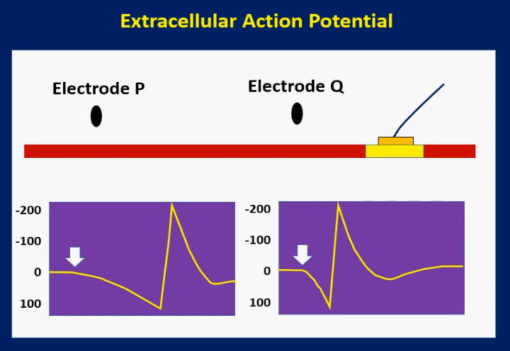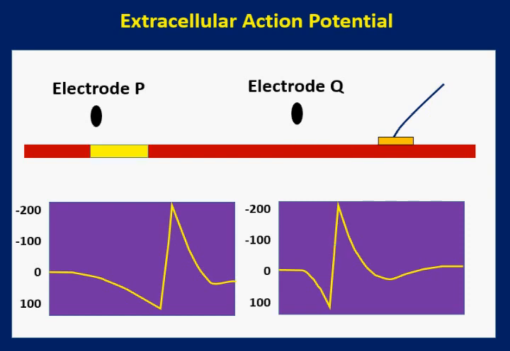Both recordings show an initial downward deflection. When the leading dipole of the potential arrives under electrode Q, the positive phase ends and the negative phase of the potential begins. At that time, the electrode P still records a positive voltage.